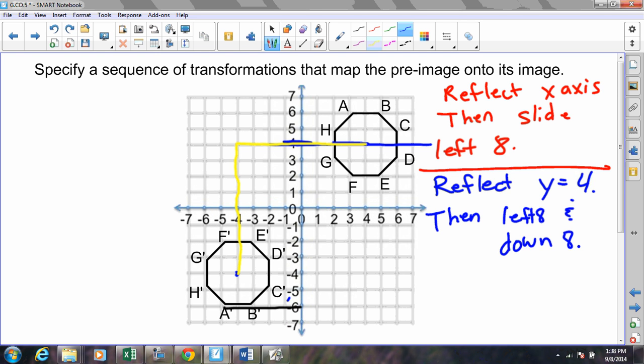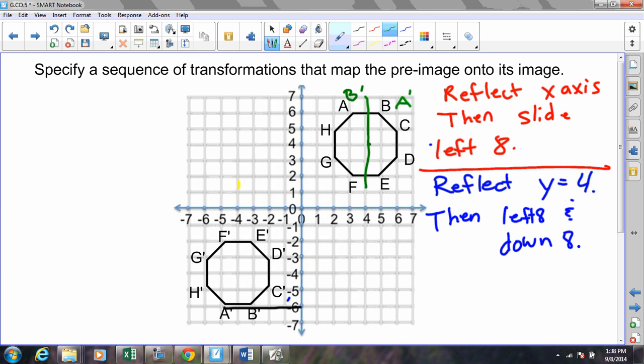We could have done a reflection followed by a rotation followed by a translation. Because another correct one that we could have done, people are looking at me like they don't see which one I'm talking about. We could have reflected it vertically, which would have given us A prime, B prime.